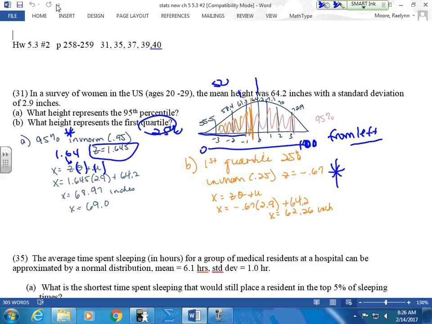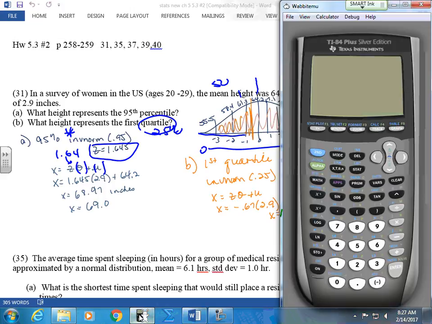Again, if you do this on your calculator, let's put this part in your calculator. This one's nice in your calc. Second vars, come to inverse norm. If you're looking for 25% and you want your z-score, standard deviation is 1, mean is 0. It finds your z-score for you.